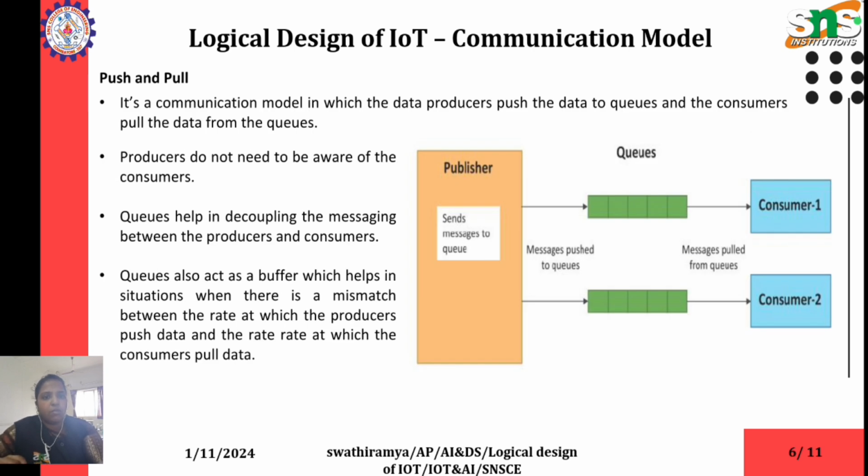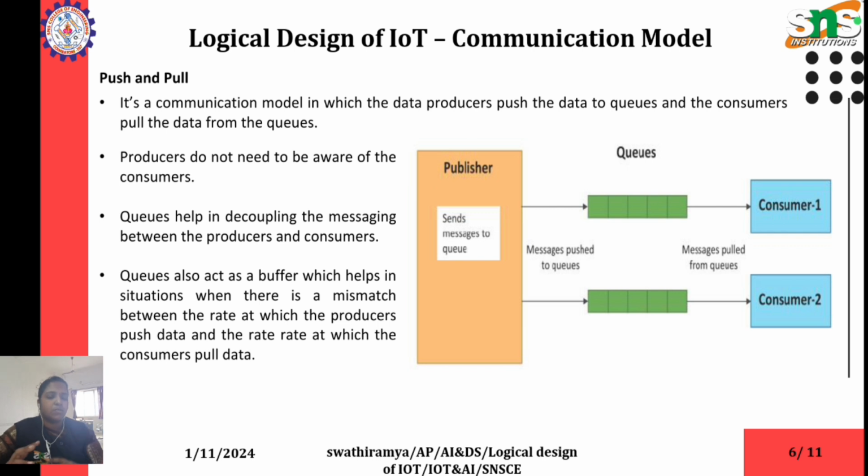The next model is the push-pull model. It is very simple. Here you have the publisher, the queue, and the customer. The publisher sends messages to the queue, so the publisher's messages are put into different queues. Whenever messages are pushed to the queue, they are pulled by the customer from the queue.